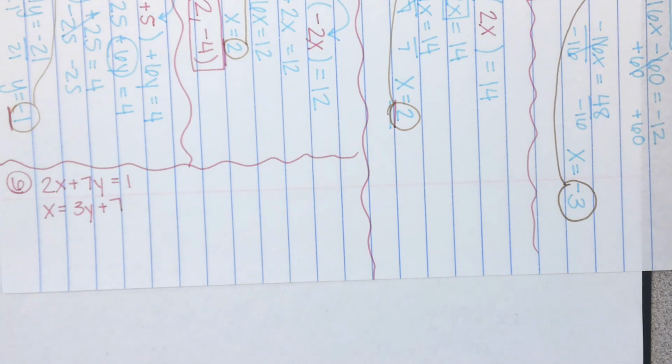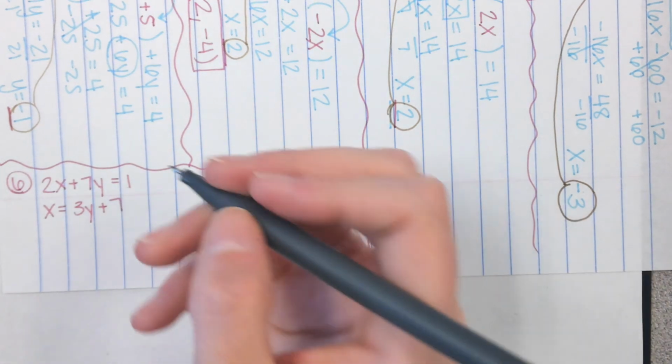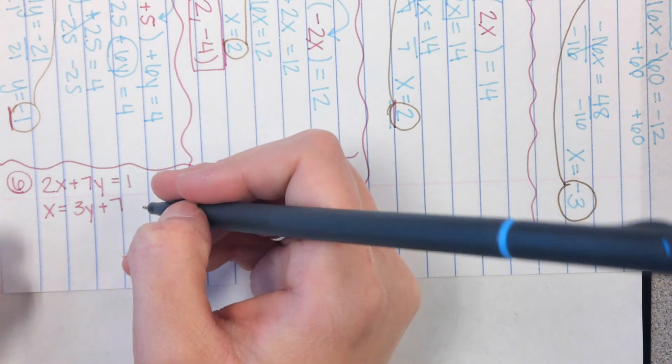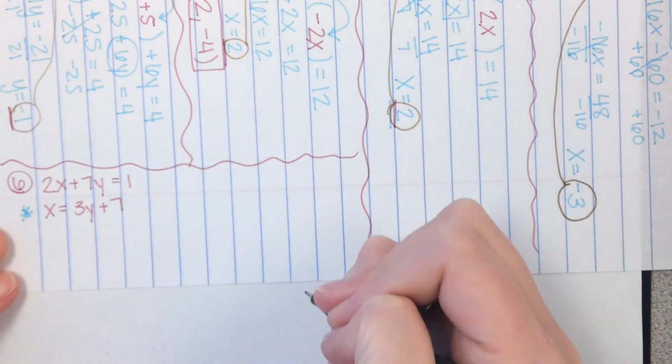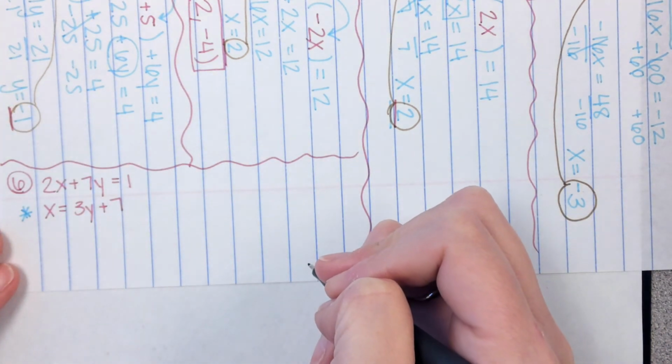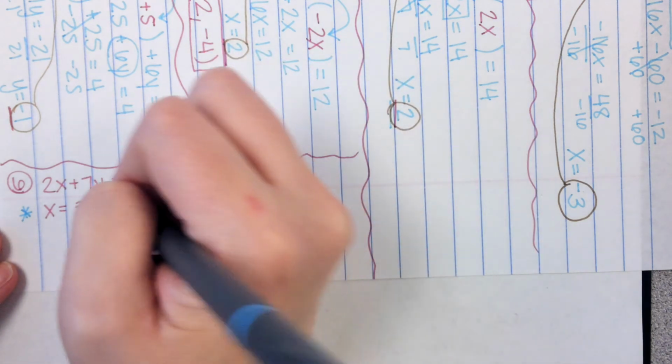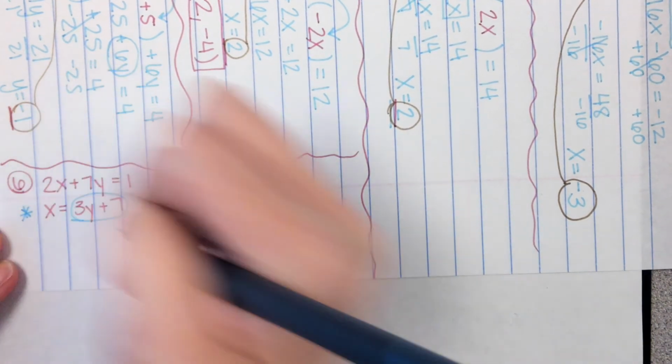So we have 2x plus 7y equals 1 and x equals 3y plus 7. So first we find our x equals or y equals equation. Which one do we have? X equals or y equals? X equals. And which equation is it? Top or bottom? Bottom. So this is the one we're going to look at first. What does x equal? 3y plus 7.